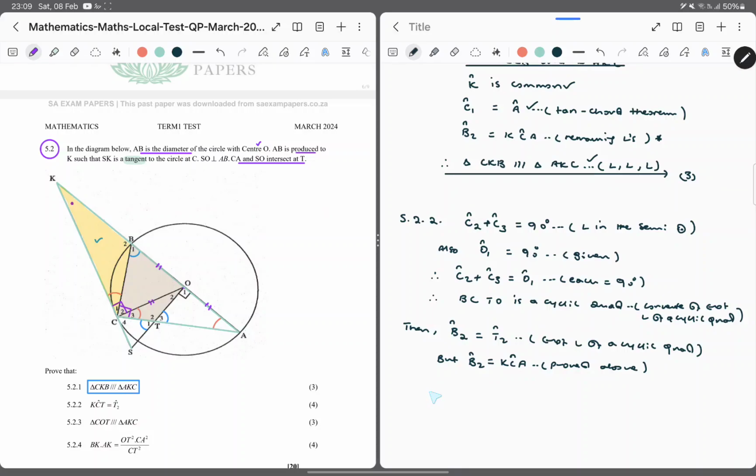So somebody can find this, we can make a conclusion that therefore KCT, because it's just a short segment of that angle, is equal to angle T2. This is done. Each is equal to angle B2.